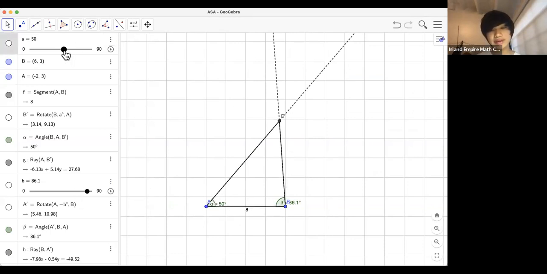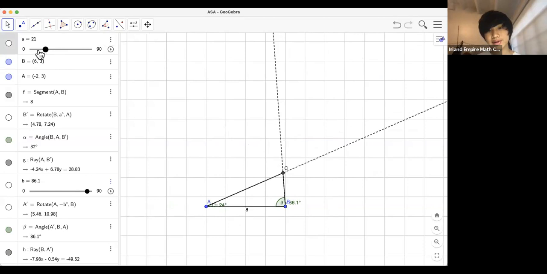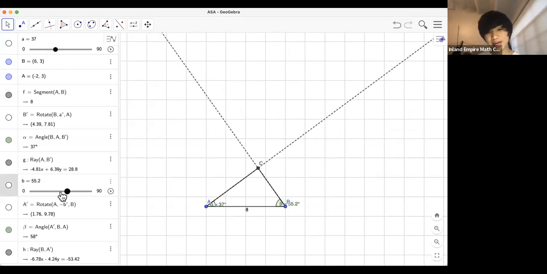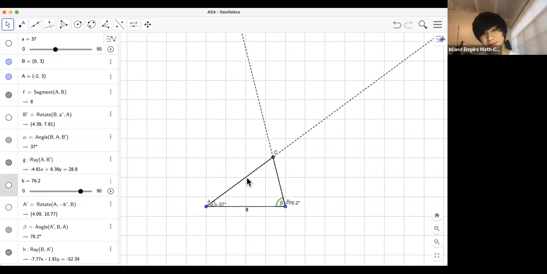And you can clearly see that even if I adjust the angles, you still only have one possible triangle. Which means that since there's only one possible triangle, all triangles with these characteristics, with a 37-degree angle and a 76.2-degree angle on each side of this 8, say, centimeter side length, are going to have the same other angles as well.